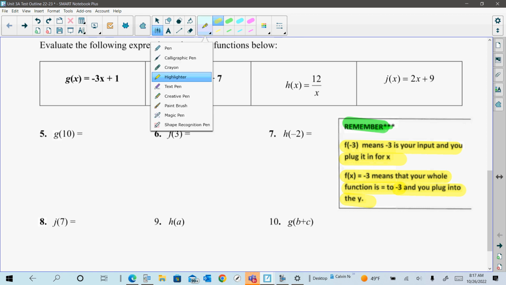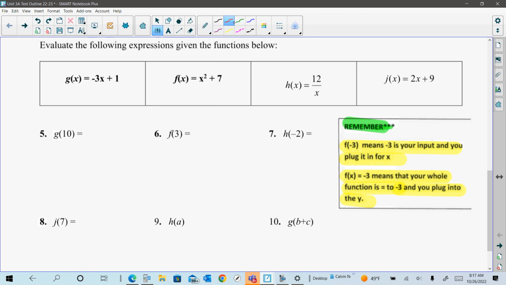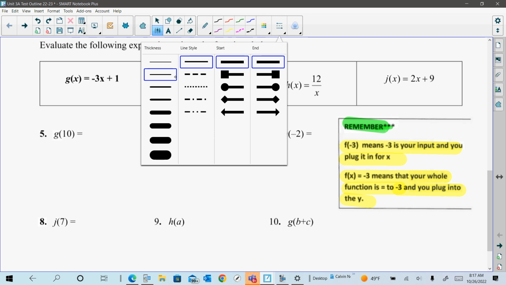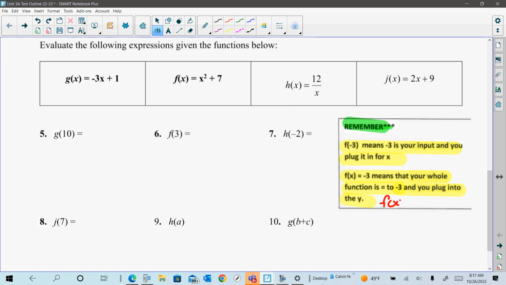The thing you have to remember, and you might want to add this to your packet, is your f of x is the same as y. So your f of x equals y.